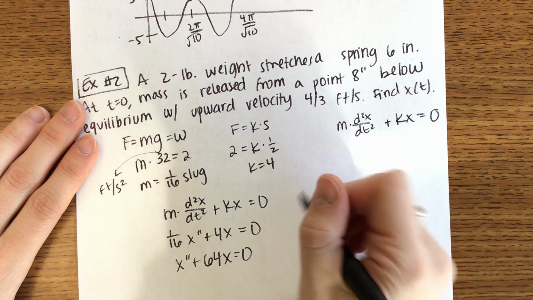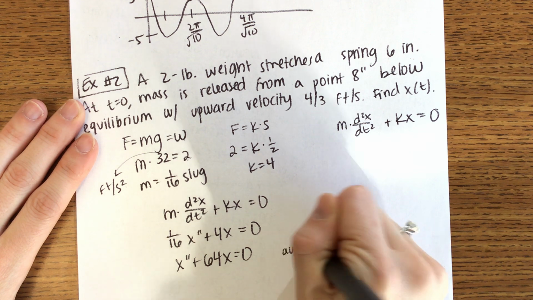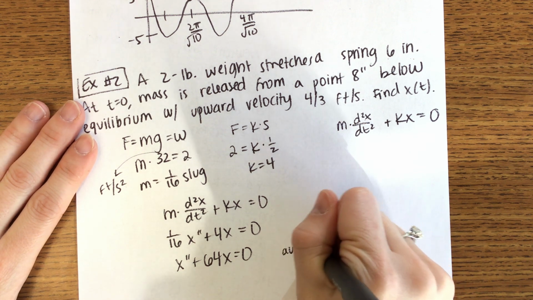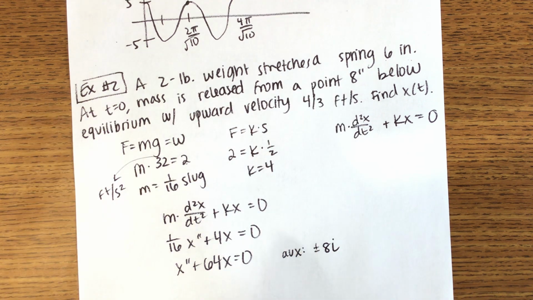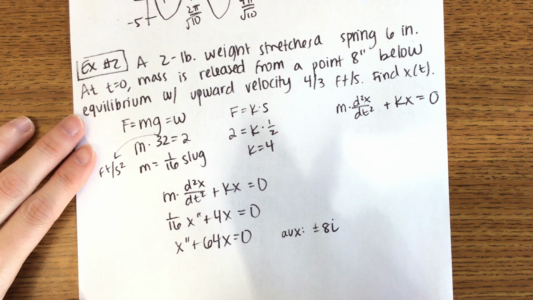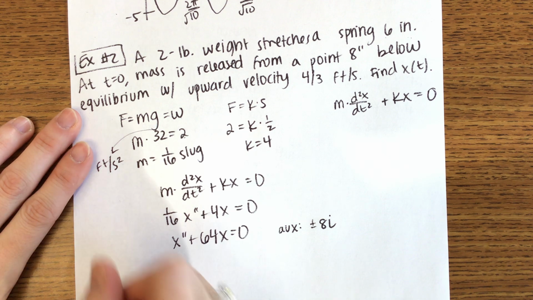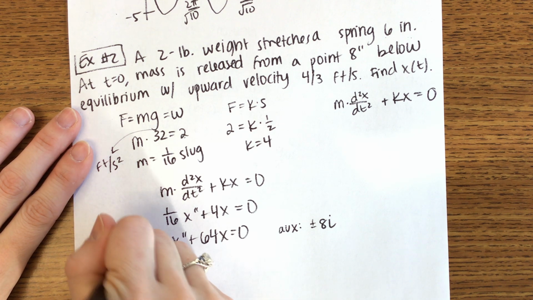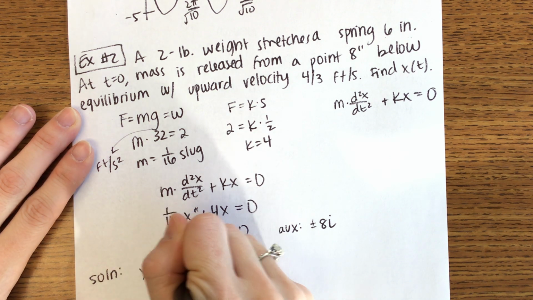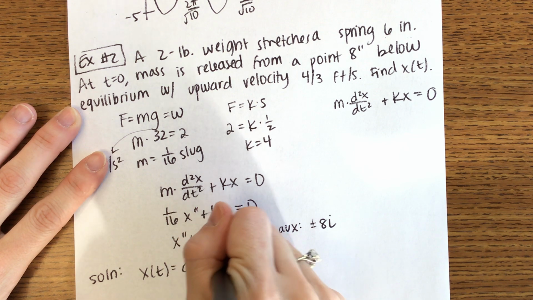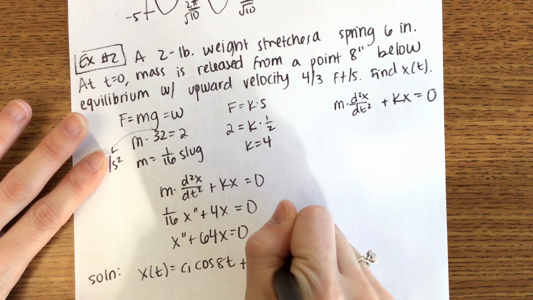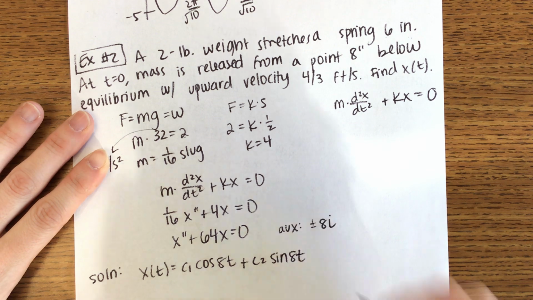Good? If we use the auxiliary equation, we're going to get m is equal to plus or minus 8i. So our solution then is C1 cosine of 8t plus C2 sine of 8t.